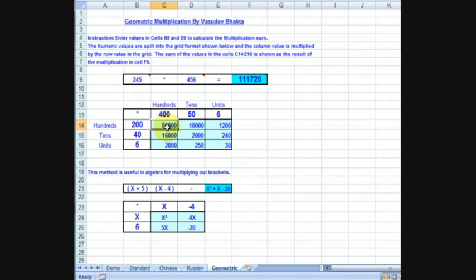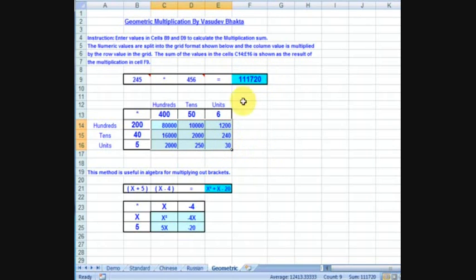Each of these values are multiplied together: 200 by 400 giving us 80,000, 200 by 50 giving us 10,000, 200 by 6 giving us 1,200, 40 by 400 giving us 16,000, 40 by 50 2,000, 40 by 6 240, 5 by 400 2,000, 5 by 50 250, 5 by 6 30.